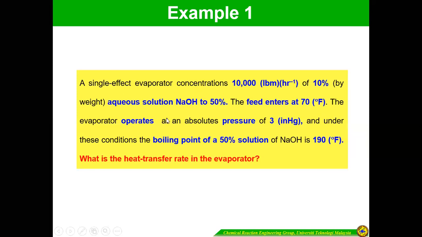The evaporator operates at an absolute pressure of 3 inches of mercury, and under this condition the boiling point of a 50% NaOH solution is 190 degrees Fahrenheit. What is the heat transfer in the evaporator?